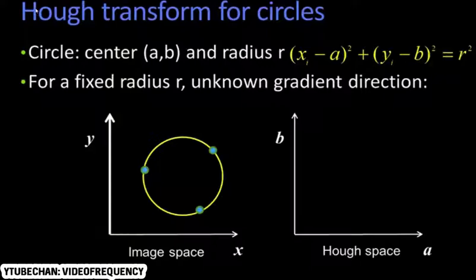So now let's consider the first point. So let's say x0, y0, this point right here, okay? So that point has to lie on the circle, and we know its radius. So one way of thinking about that is that the circle has got to be some radius r around that point, all right?